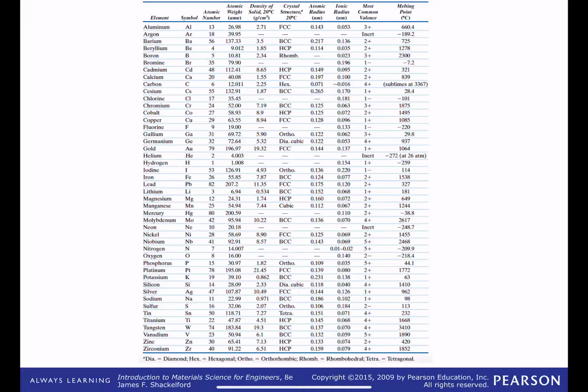So with many of those cubic systems, body-centered cubic, face-centered cubic, we've already been able to explain many of the crystals and the crystal structures that exist for many elements from the periodic table.